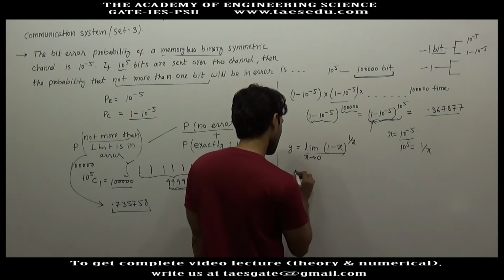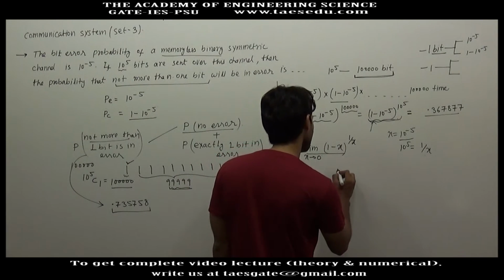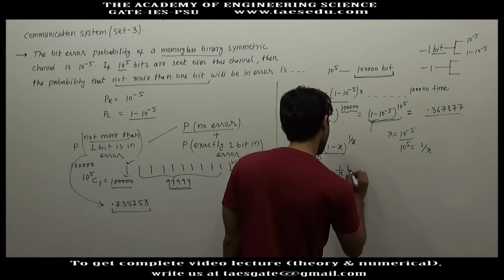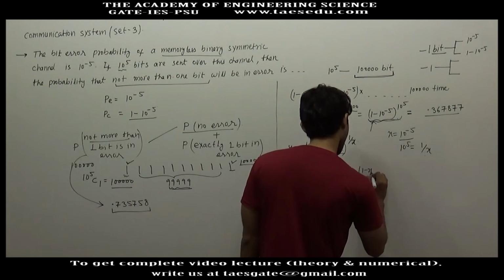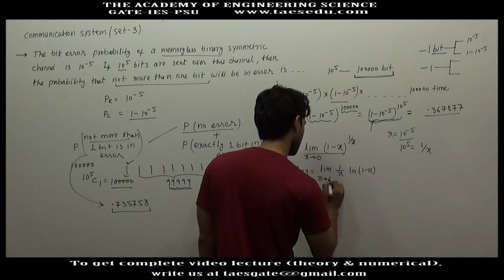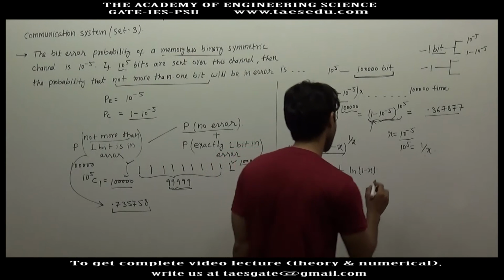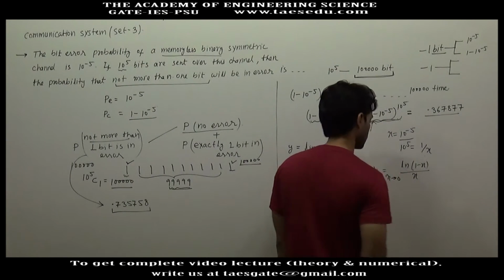Now take log both sides. Now ln y will be 1 by x ln 1 minus x, limit x tends to 0, or ln 1 minus x divided by x as x tends to 0.